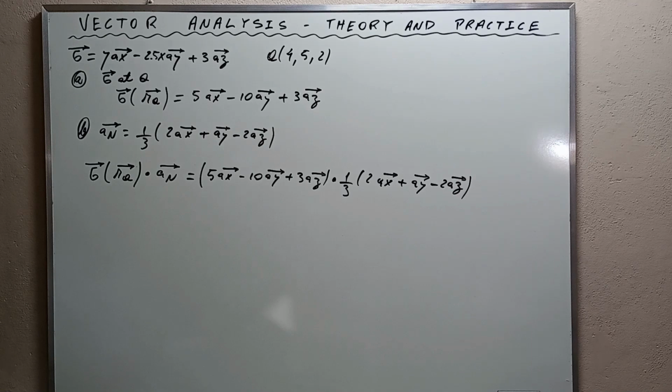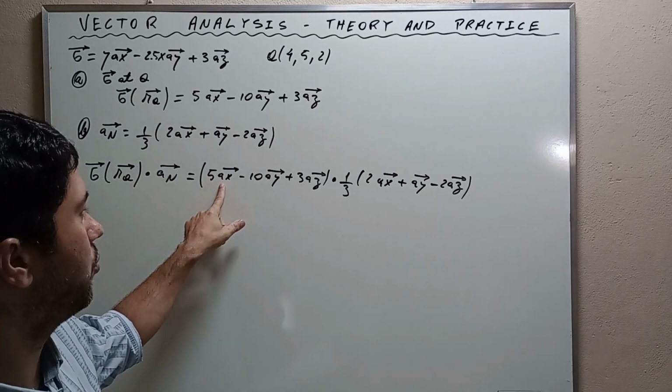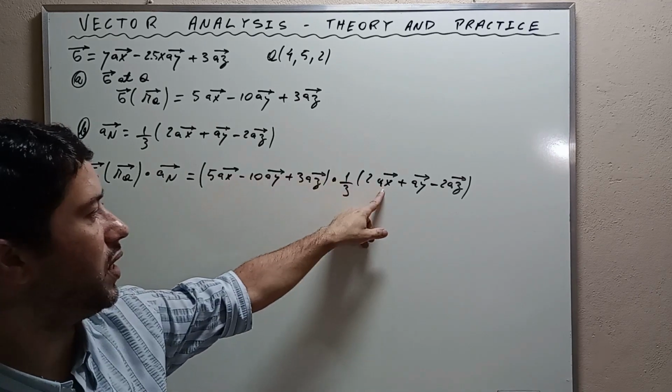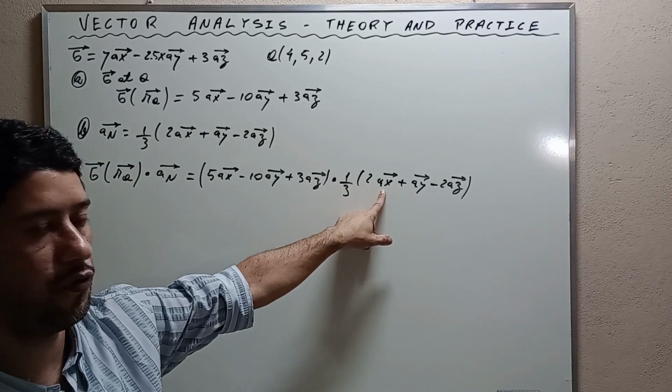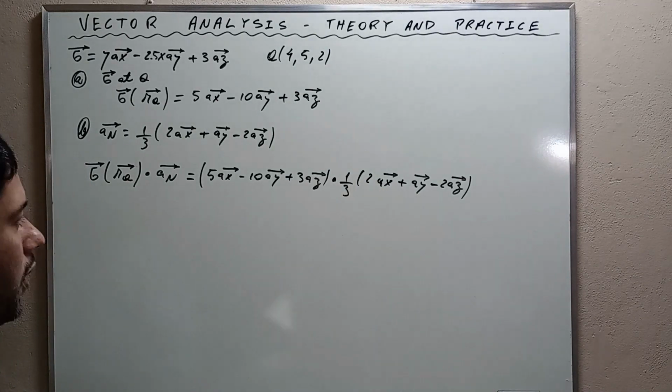Okay? We know that ax with ax is 1, because the cosine of an angle of 0 degrees is 1.